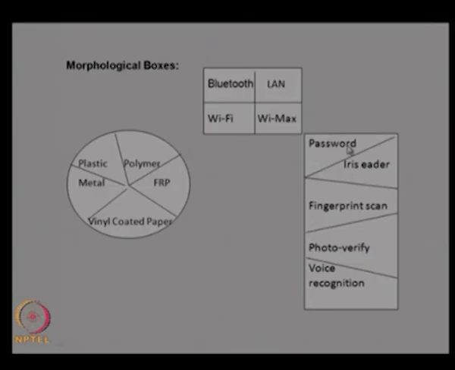You can use password, iris reader, fingerprint scan, photo verification or voice recognition, and similarly for networking you can use Bluetooth, LAN, WiMAX or Wi-Fi, and for the input devices we can use plastic cards, vinyl coated paper or FRP. So, these are the options shown for various functions, and we can choose any one of these and make a combination of these to get the instantiated physical architecture.